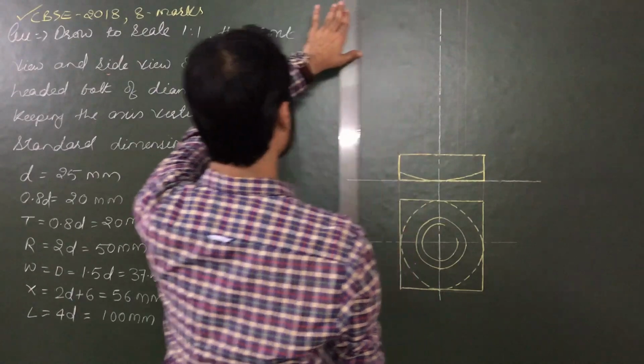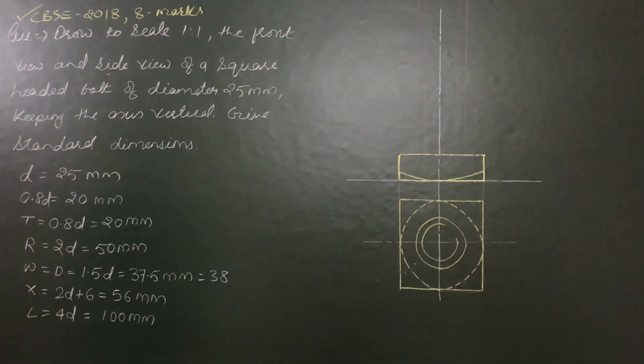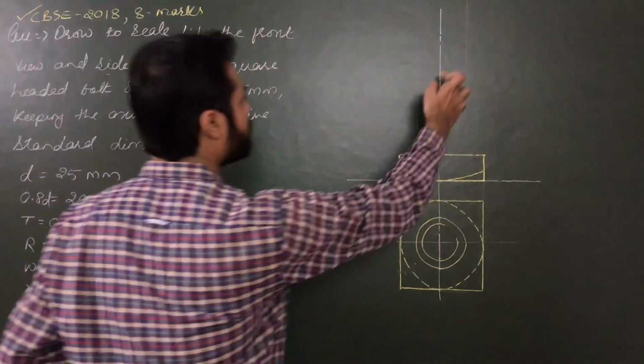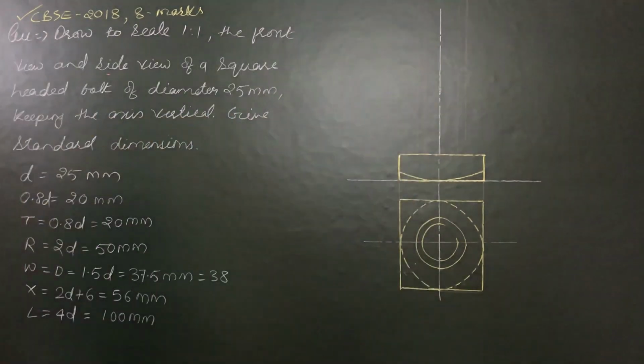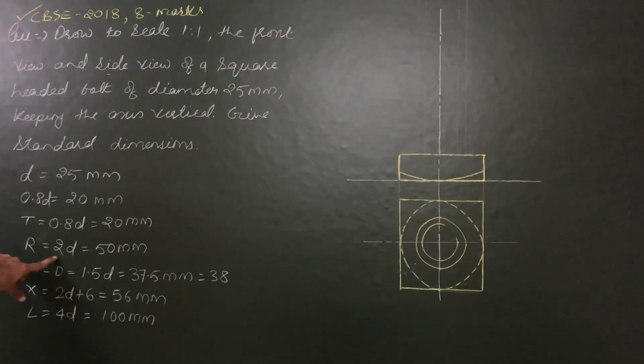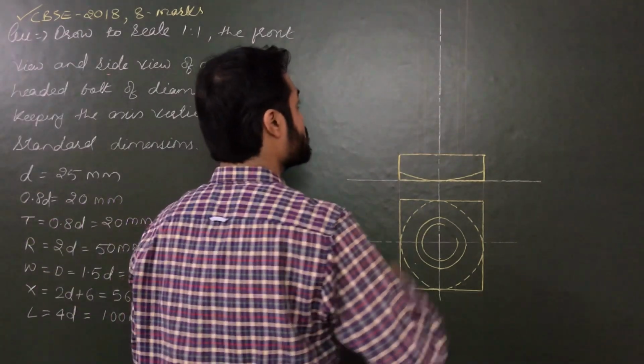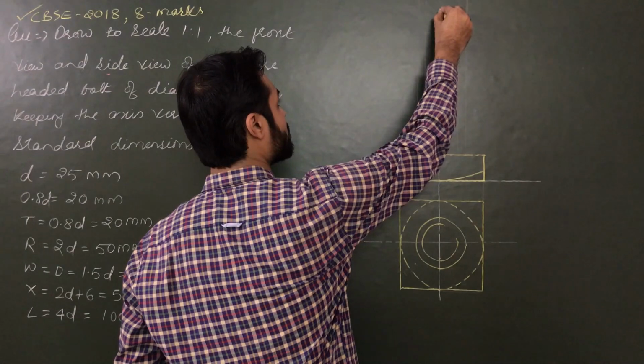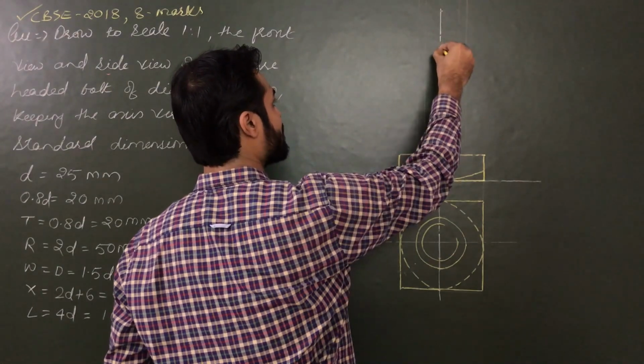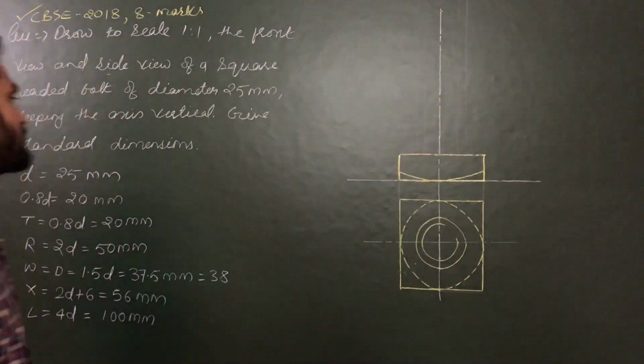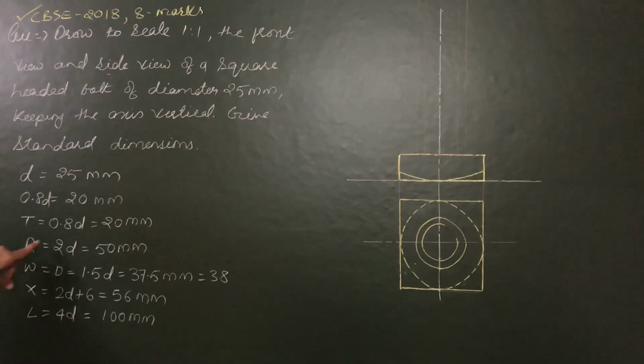Right. After doing this, please draw its tail or tail end first by taking r equals 2d. No, for the tail r equals d. So from this point, from the last end, again mark the center of rotation for the tail, and in this case r is not 2d, r equals d.